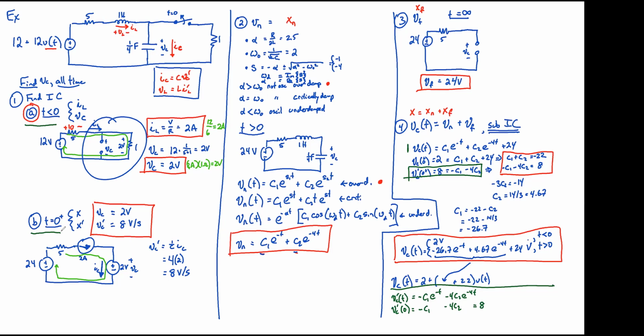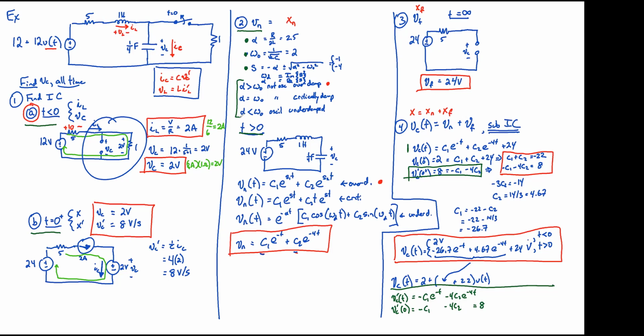Our next step is we want to find our natural solution. To do that, we draw it for time greater than 0, and we find our alpha. And there's 2 different possible values of alpha, depending upon whether or not we have our circuit in series or in parallel. We always use the same equation for omega naught. We always use our same equation for s. We next look to see which of these 3 solutions for alpha we will use.